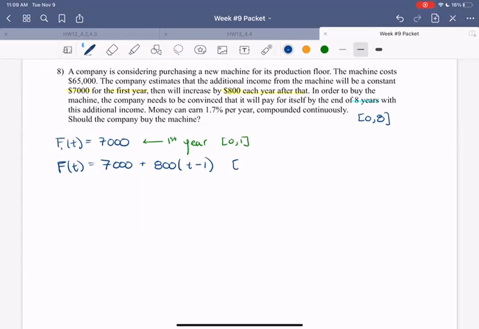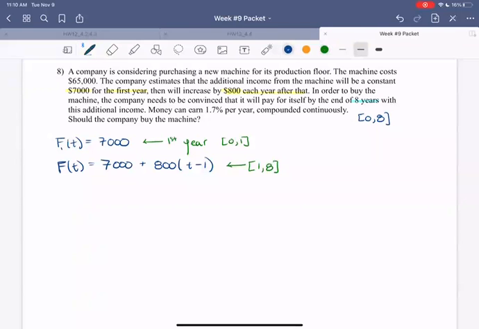That's because if we start at just t, without this minus 1, then if we plug in 2 years later, that will be as if we had 800 times 2. That would give us 800 for the first 2 years, but we only get 800 for the years after the initial one. So here we have the interval 1 to 8. We'll write that in green so it's different from the function.